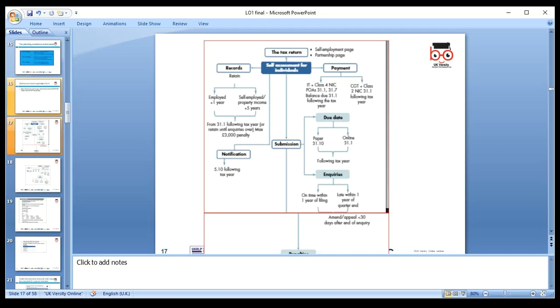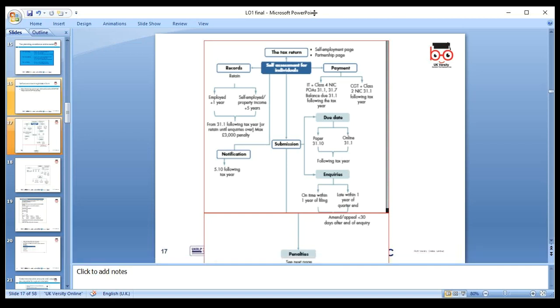Okay, so then payments: we can look at Class 4 and capital gains tax, with their due dates online, 31st January. If there are any enquiries, if you have not claimed things, you can go back up to 5 years.